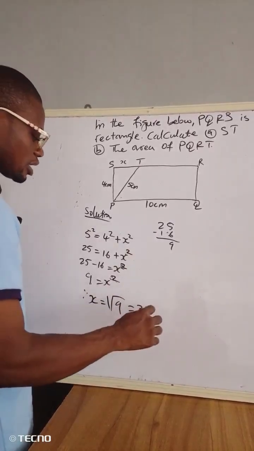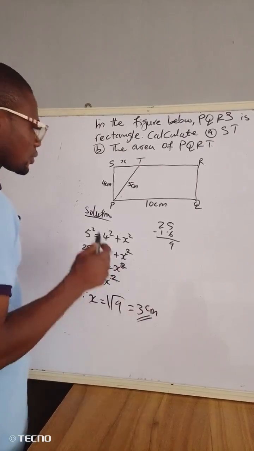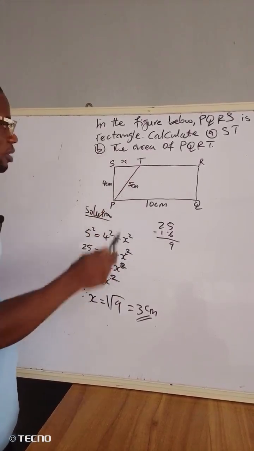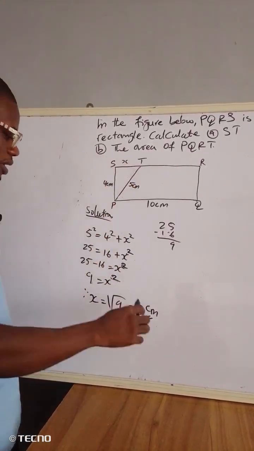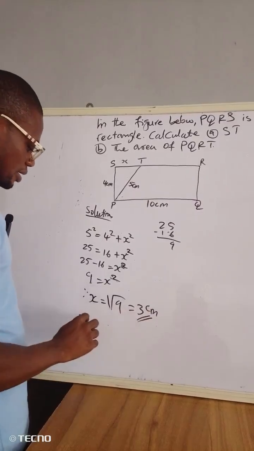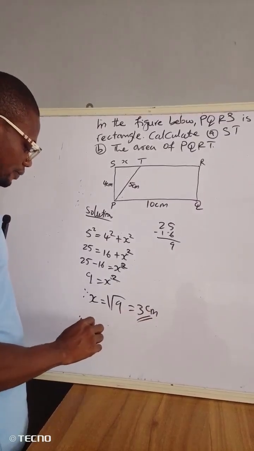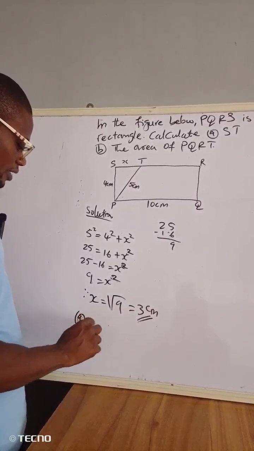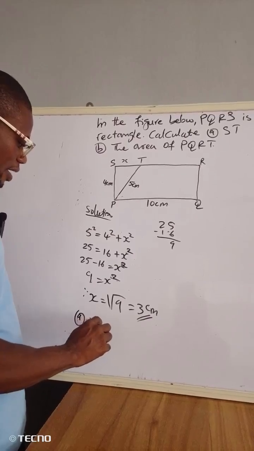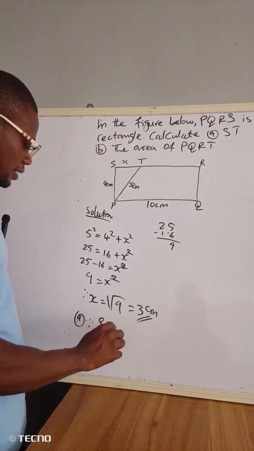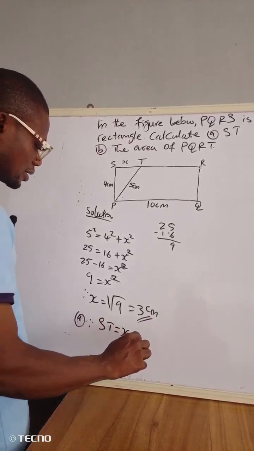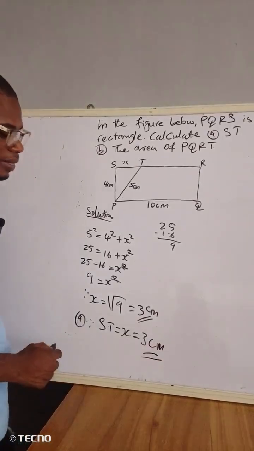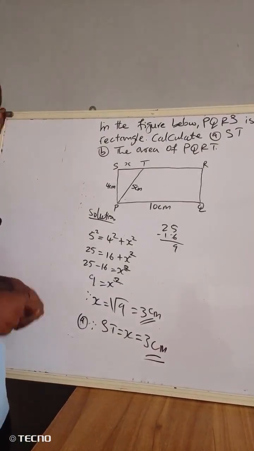That is why my x is 3 centimeters. So I can say therefore for A, ST equals x equals 3 centimeters. Okay, that's the very first thing.